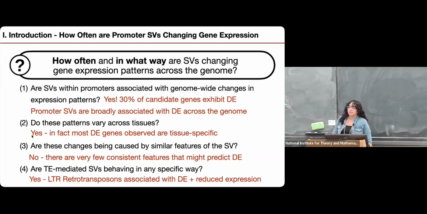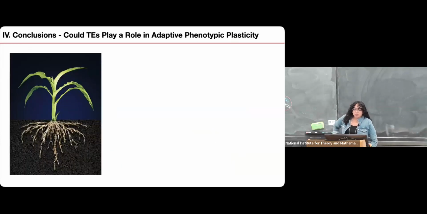However, there are very few defining features, basically no defining features of promoter SVs associated with differential expression. The only feature we could find had to do with TE-mediated SVs, where LTR retrotransposons were associated with reductions in expression.